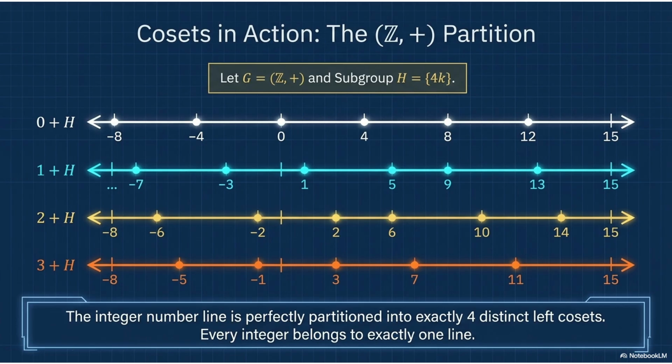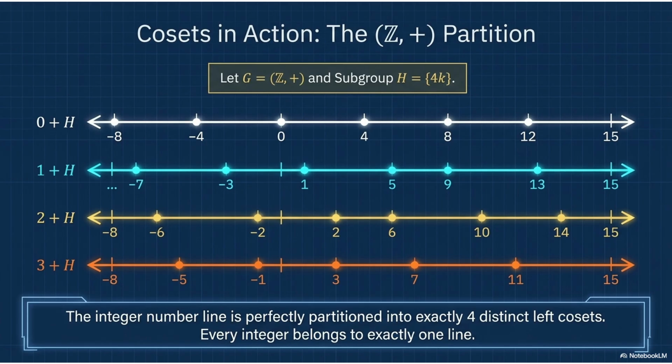This is because of the closure property of a subgroup. If I take an element A from H and operate with all elements of H, I will get the elements of capital H itself, because the binary operation is closed in capital H.